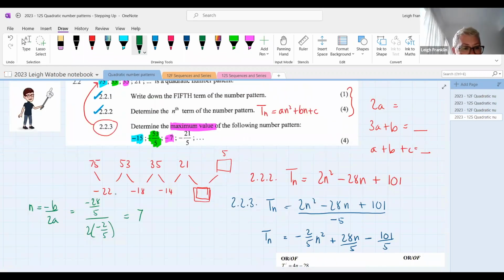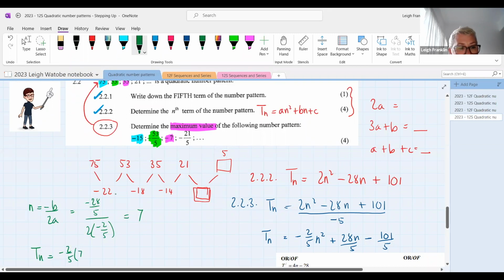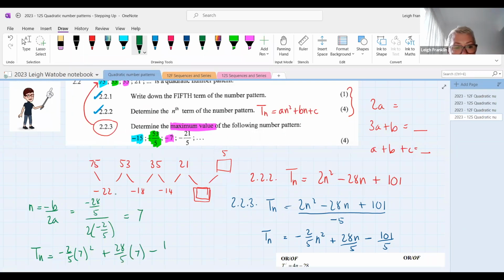So to work out my maximum, which is my Tn, I'm now going to substitute it: 2 over 5 times 7 squared plus 28 over 5 times 7 minus 101 over 5. And you tell me what you get as an answer.